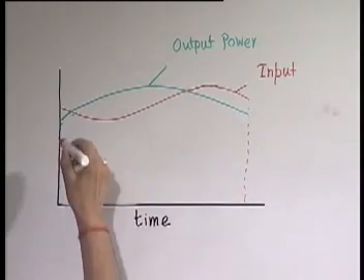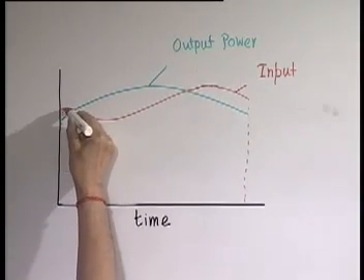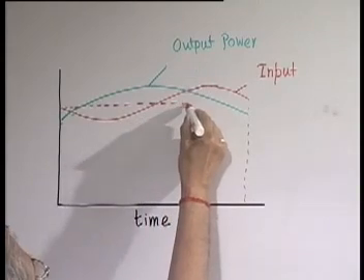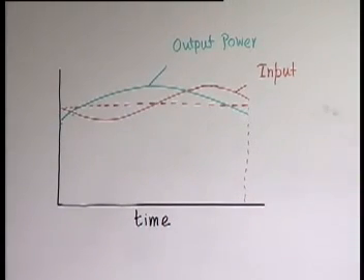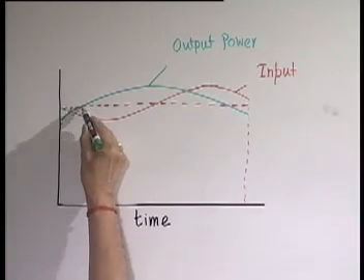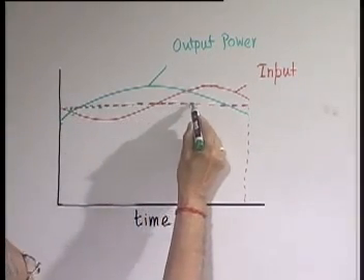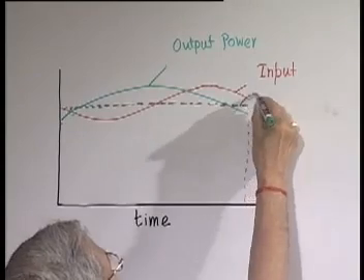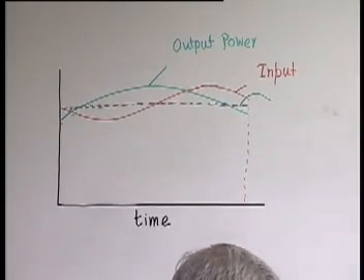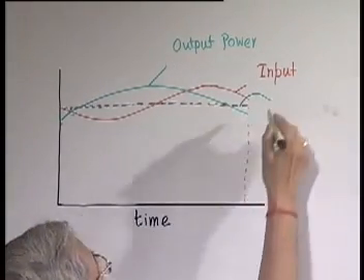What we can realize is that the average will be same for both the input and output. So, this is both the average of input and output powers.